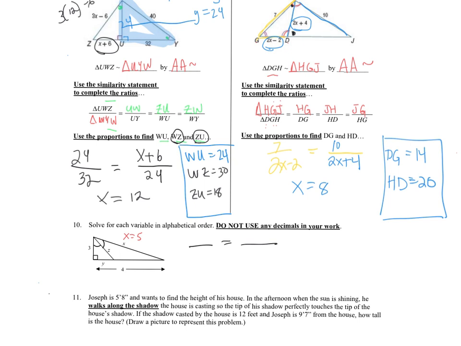And so I'm going to start by saying that if I look at this side over here, I'm going to have 3 to y, and then I will have 5 to this part right here, which if this is 4 and this is y, then this part must be 4 minus y.